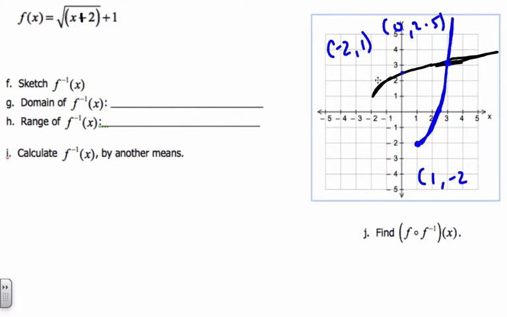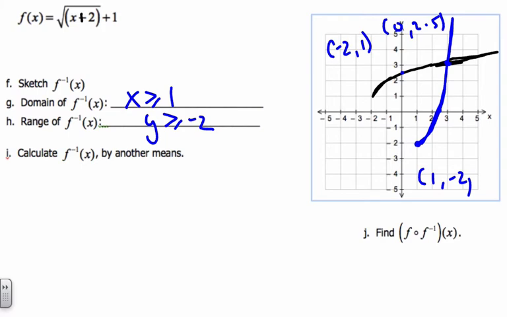It does not keep going, and I only have this part here. So when I sketch it, the domain of this is just going to be x is bigger than or equal to 1, and the range is y is bigger than or equal to negative 2.